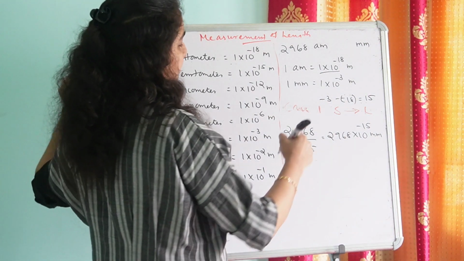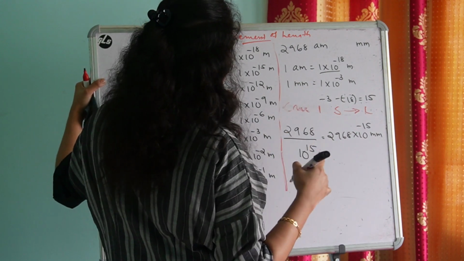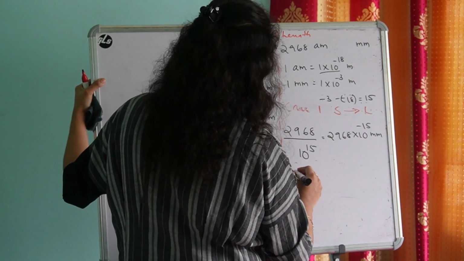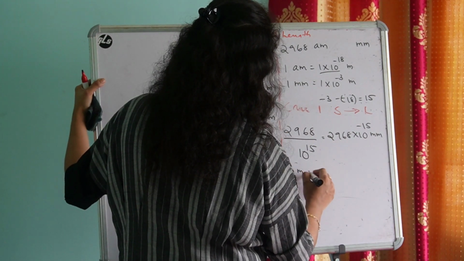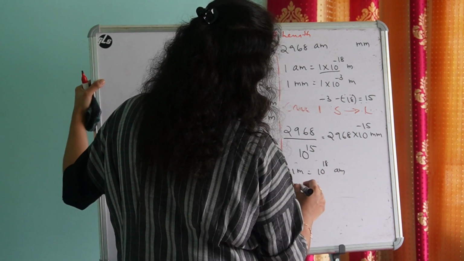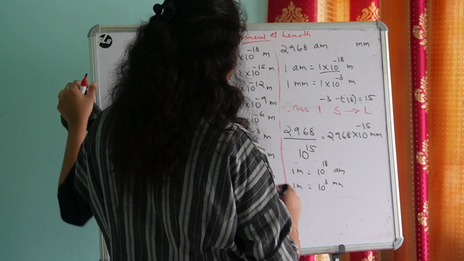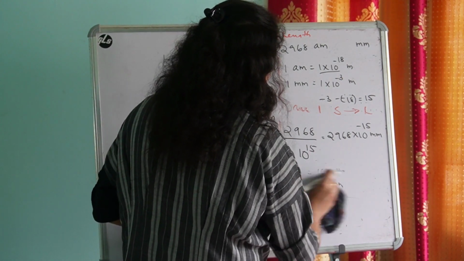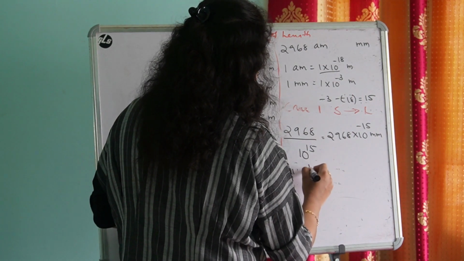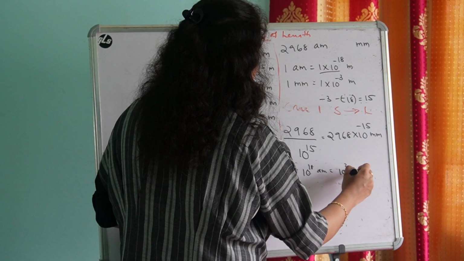Yes, let's see whether we get the same answer if we follow all the steps. I know 1 meter is equal to 10 power 18 attometer. Again I know 1 meter is equal to 10 cube millimeter. I have to compare these two equations. So 10 power 18 attometer is equal to 10 power 3 millimeter.